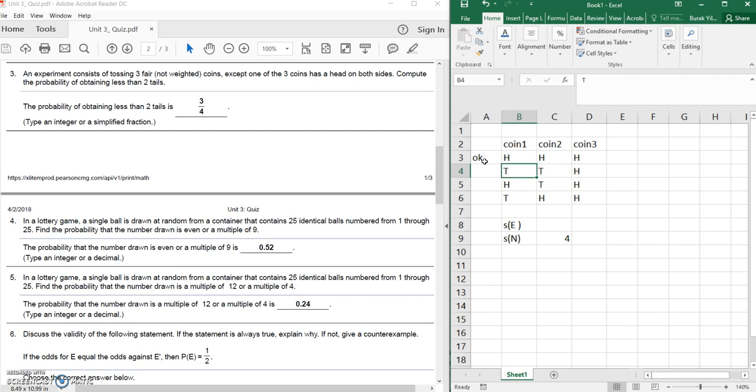This one has 2 tails, so it's not okay. This one has 1 tail, 2 heads, so it's okay because it's less than 2, right? And this one also has 1 tail, 2 heads, so that one is also okay because it's saying less than 2 tails. So other than this situation, all of the other 3 are fine. So the desired outcomes can be achieved in 3 different ways.